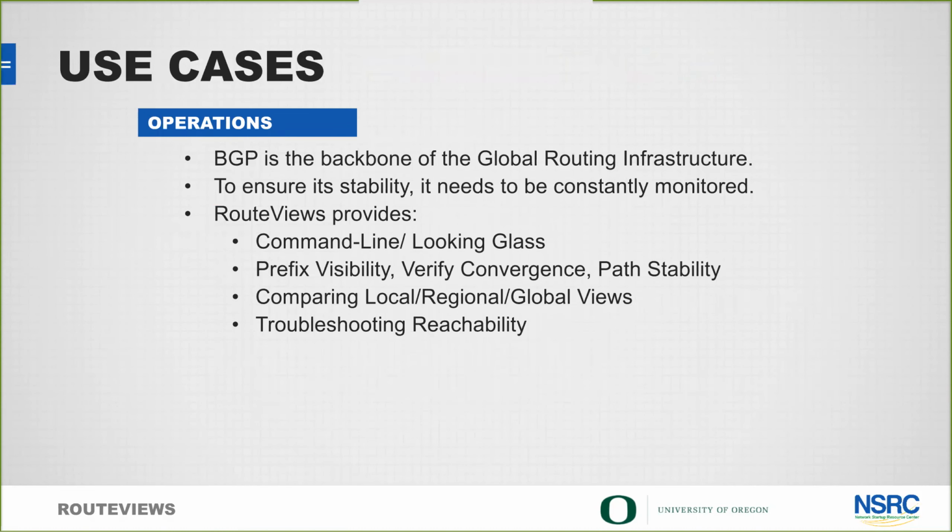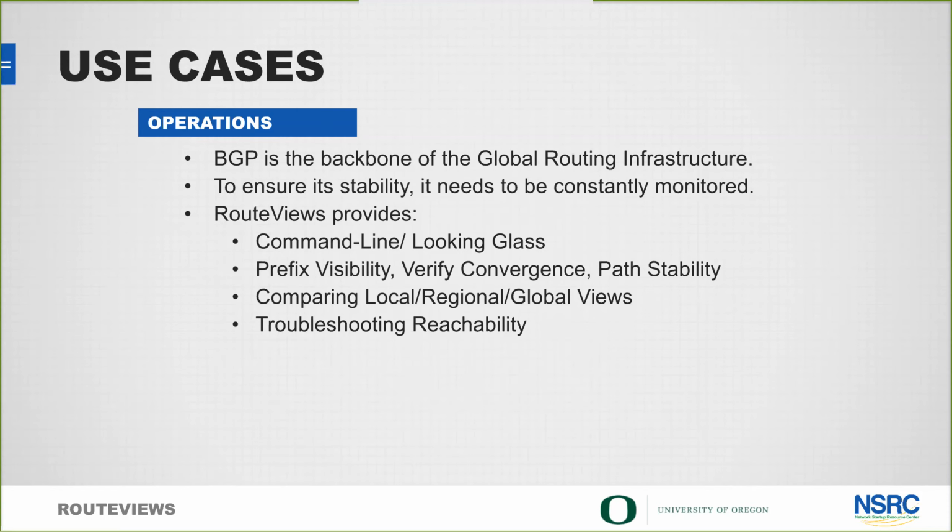So a couple of use cases, and I think this applies to this group well. We all know that BGP is the backbone of the global routing infrastructure. It's essential for us to be able to look into that routing infrastructure and ensure that it's stable, and it needs to be constantly monitored. So that's one of the things that Route Views provides.